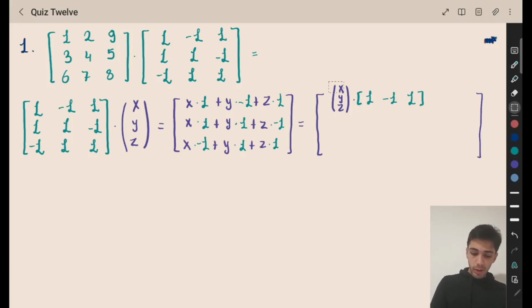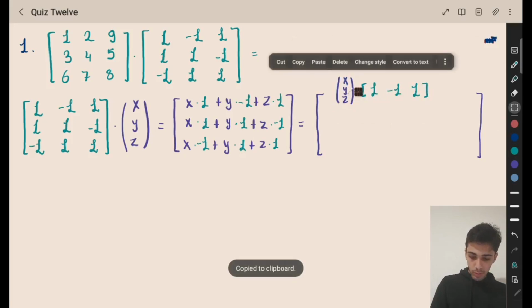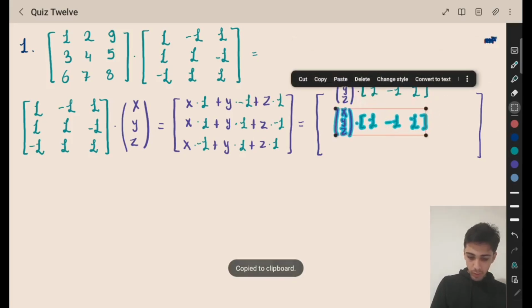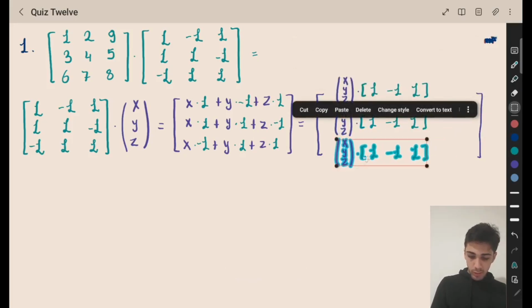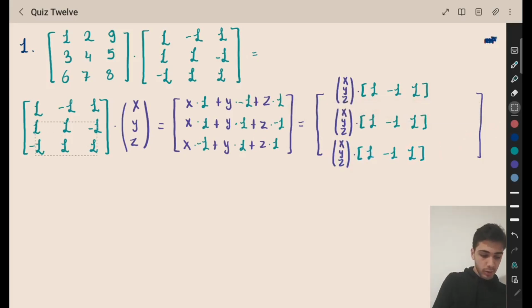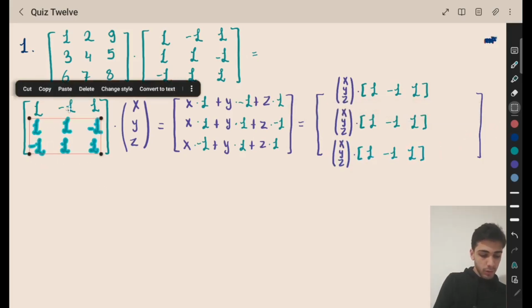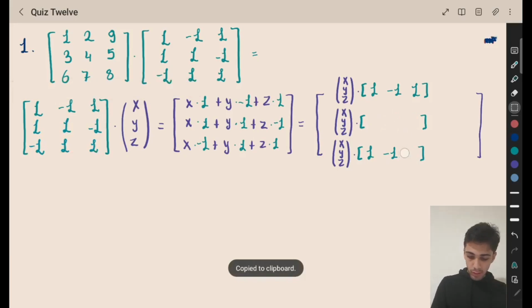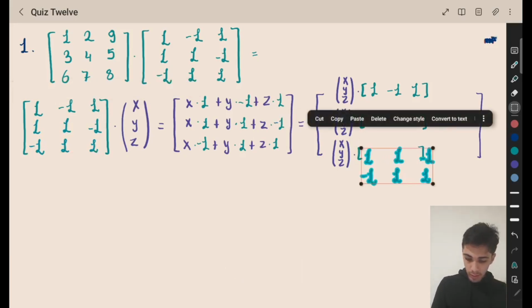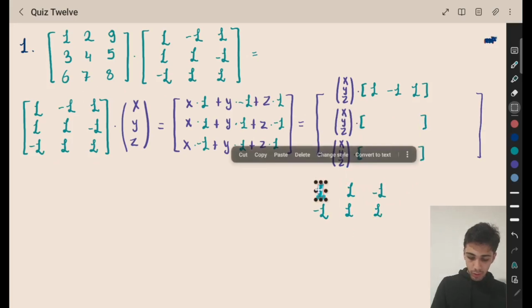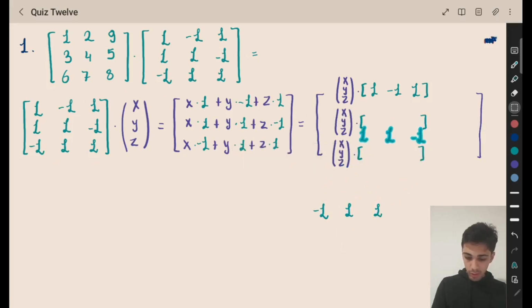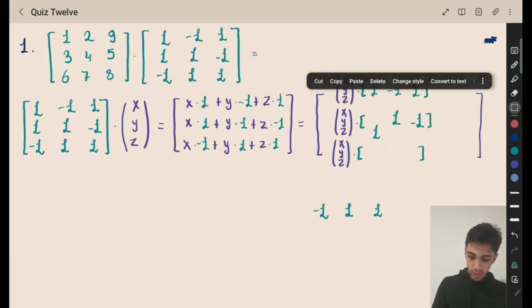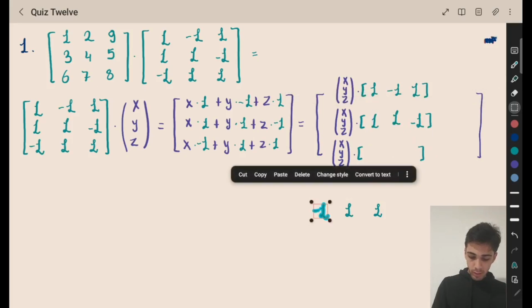I do this 2 more times, and this is precisely what I can obtain. I obtain the values for the rows in here. You can check this yourself, of course, if you're not sure about what I'm doing right now. Just need a little bit more space, and then it's good.